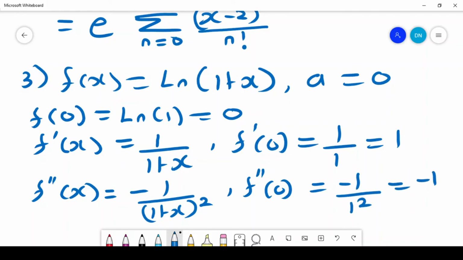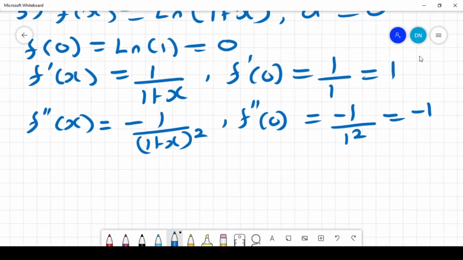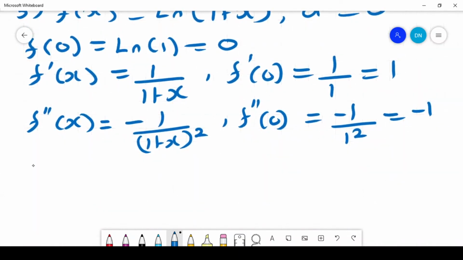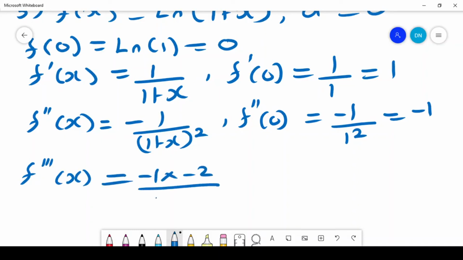So far we have 2 terms. We need the first 5 terms. We go to the third derivative. We take it up, it will be negative 1 times negative 2. Then this becomes 1 plus x raised to power 3.